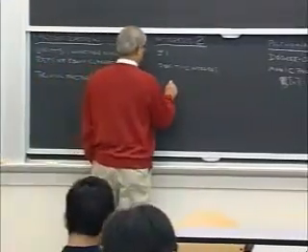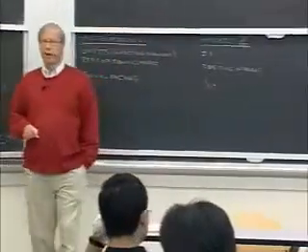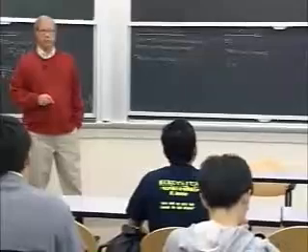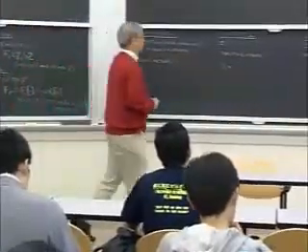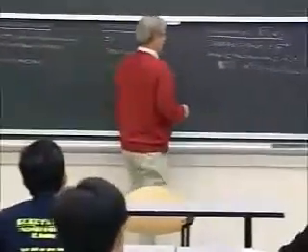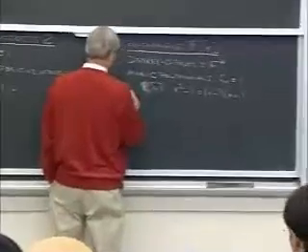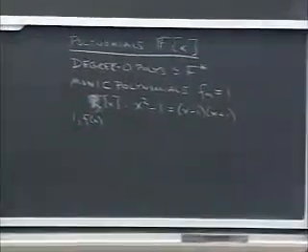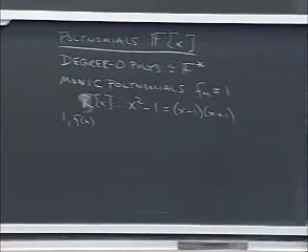Yeah, 1 and n are always going to divide n. And we're really not interested in those when we talk about factorization. Similarly, over here, the trivial divisors of a polynomial f of x are 1 and f of x. We're not interested in those.